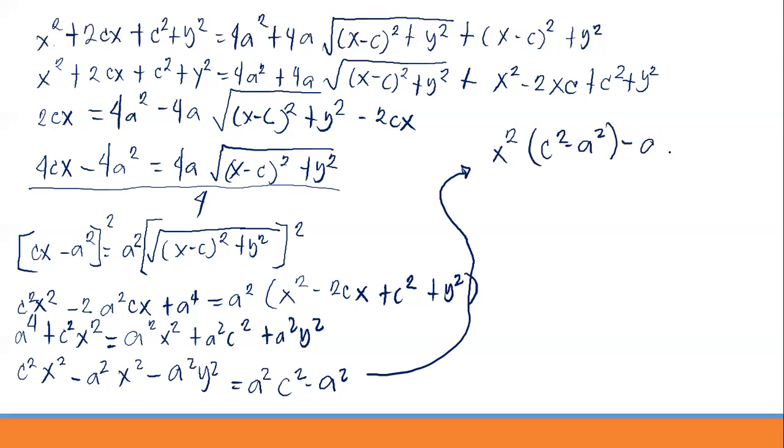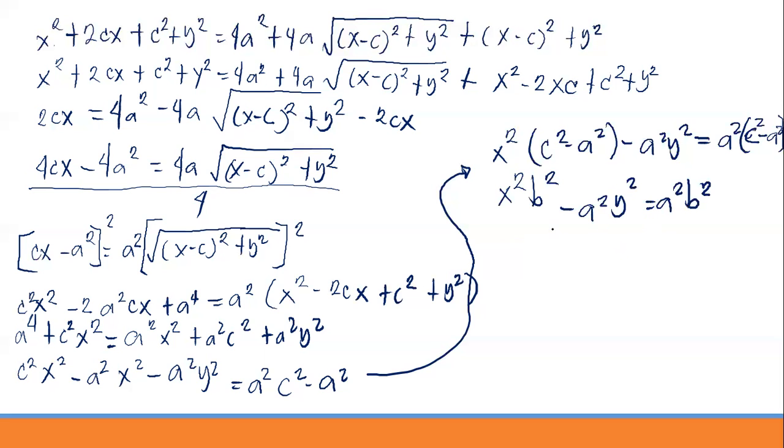Minus a squared y squared equals a squared times c squared minus a squared. Okay? And then, yan. So after factoring, wait, kulang ko siya. So x squared times c squared minus a squared minus a squared y squared equals a squared b squared.